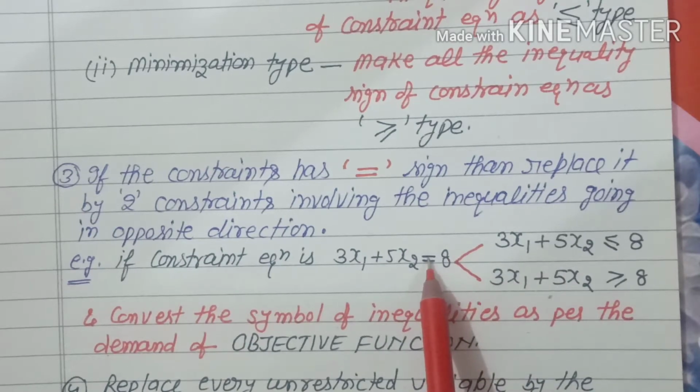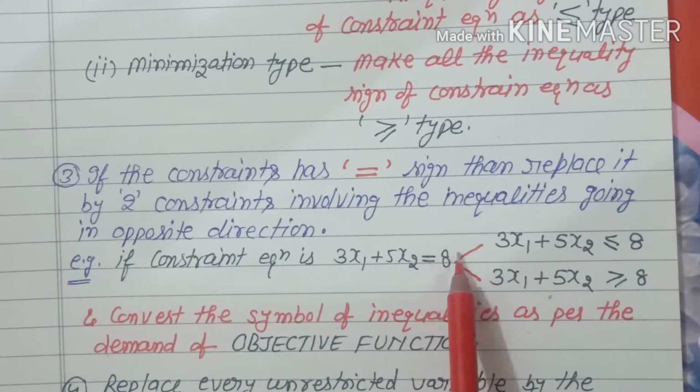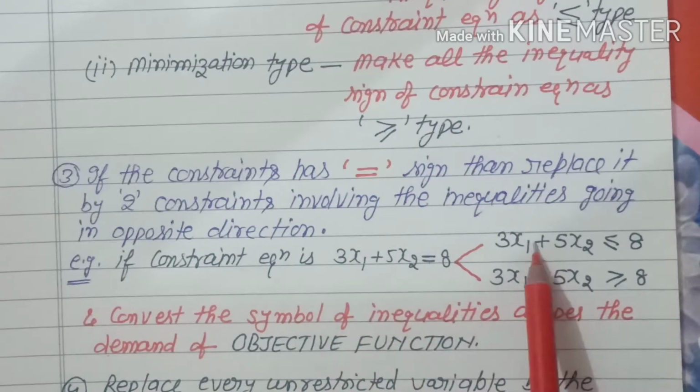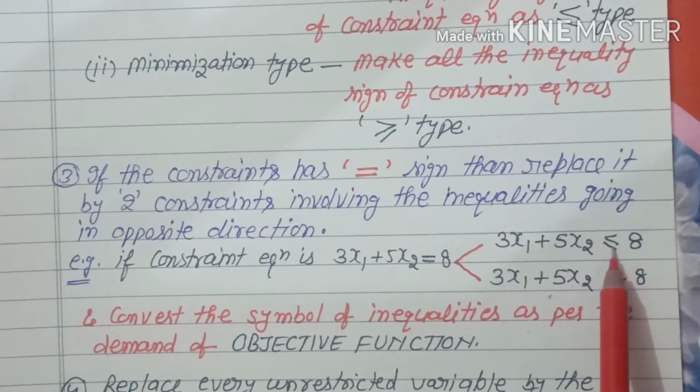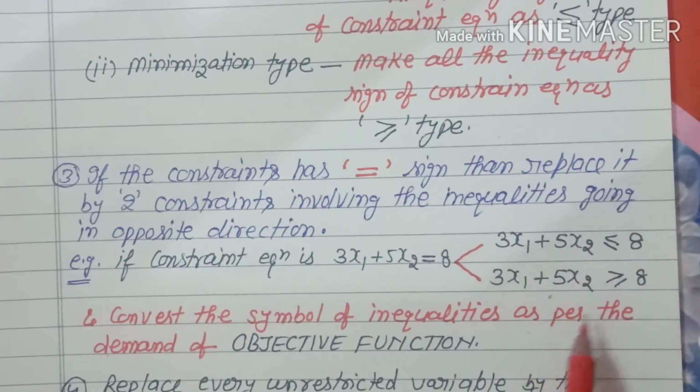We will convert this single equation into two equations. In one equation the symbol is of less than or equal to type, and in the other the symbol is of greater than or equal to type. Then we have to convert these two symbols as per the requirement of the objective function.